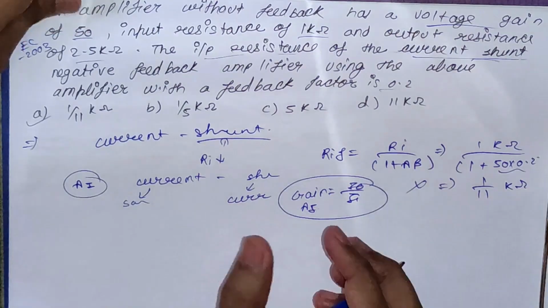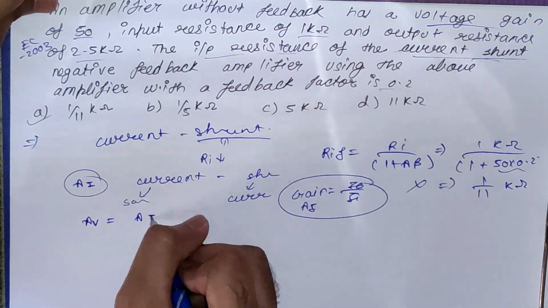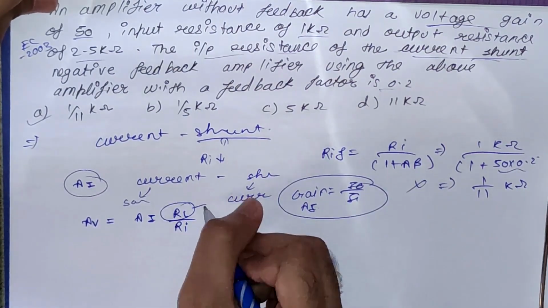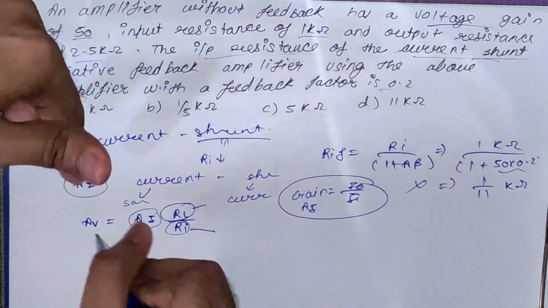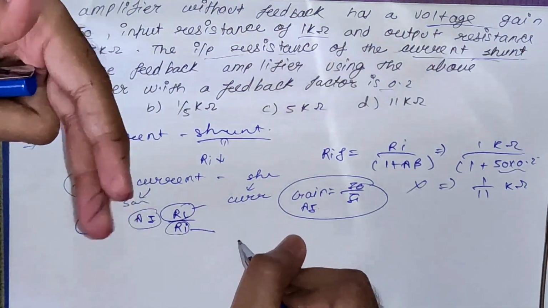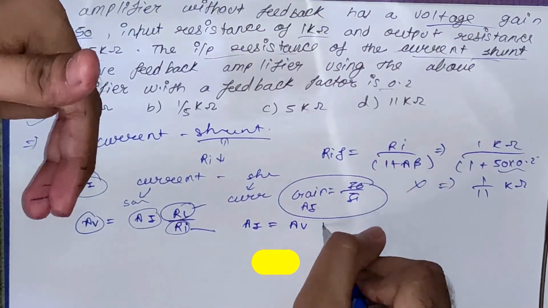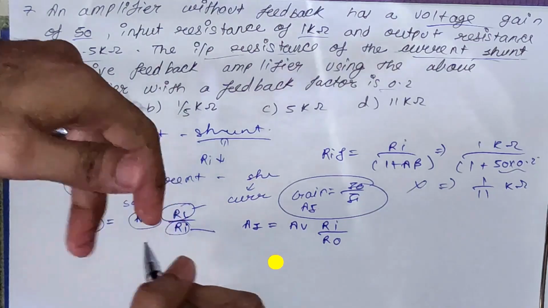To find the current gain you must know this relation: AV is equal to AI RL by RI. RL is basically the output resistance, RI is the input resistance, AI is the current gain, AV is the voltage gain. From this formula you can write AI is equal to AV RI upon RO, since we want AI, so I have shifted RI and RL.